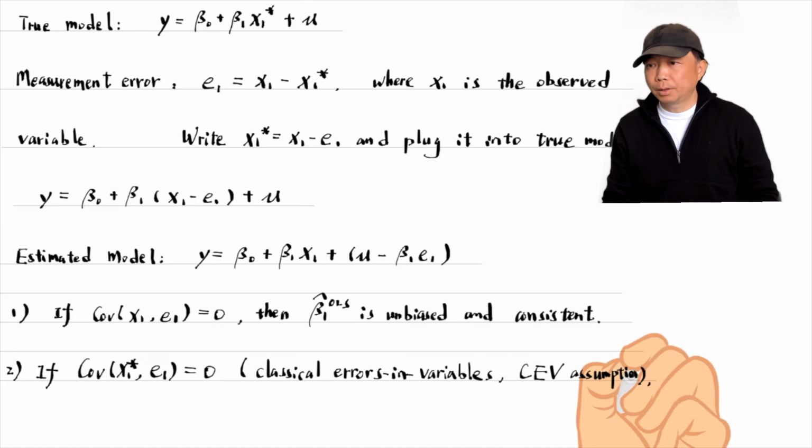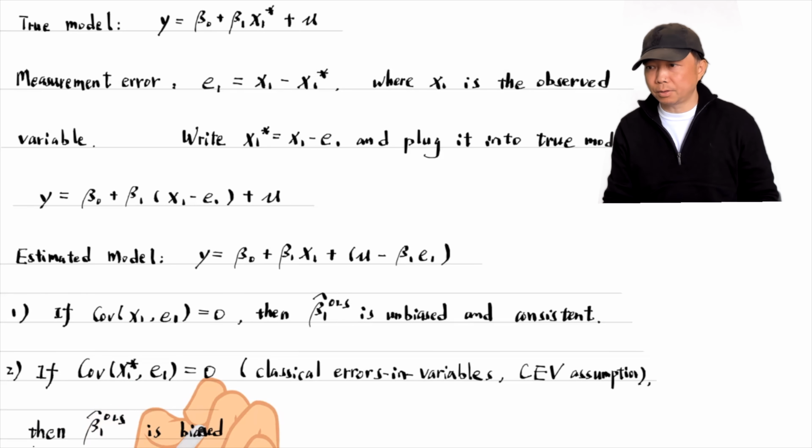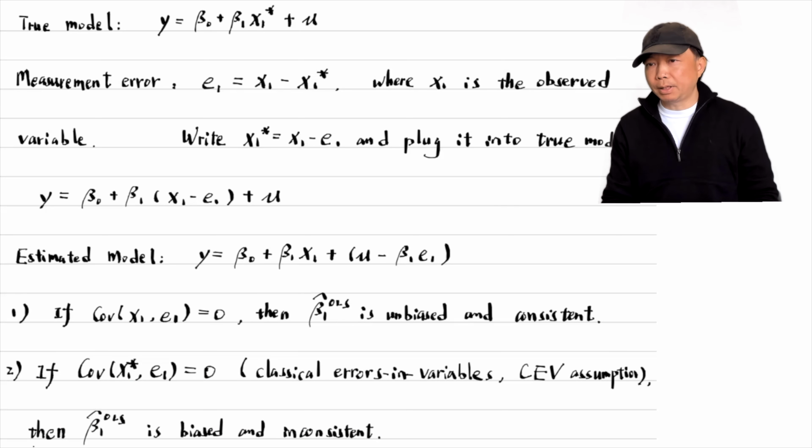In this case, the measurement error must be correlated with the observed explanatory variable, and the OLS estimate must be inconsistent. The assumption that the measurement error is not correlated with the actual explanatory variable is called the classical errors in variables assumption, or briefly, the CEV assumption.